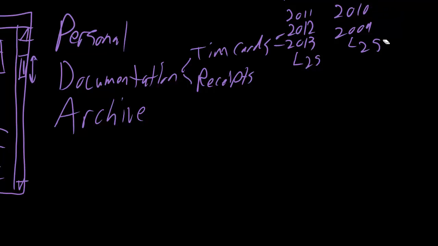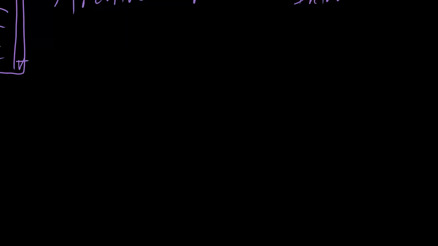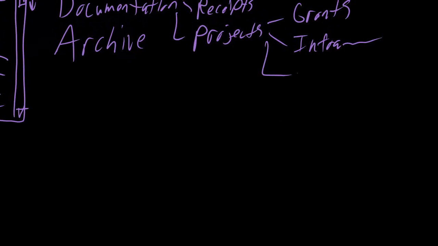And really, that's the key to organizing your folders, is to build out a structure so that you can easily group things. You know, I might have a projects folder, where I might say grants, infrastructure, or something else like building, and then team, what my team members are working on.